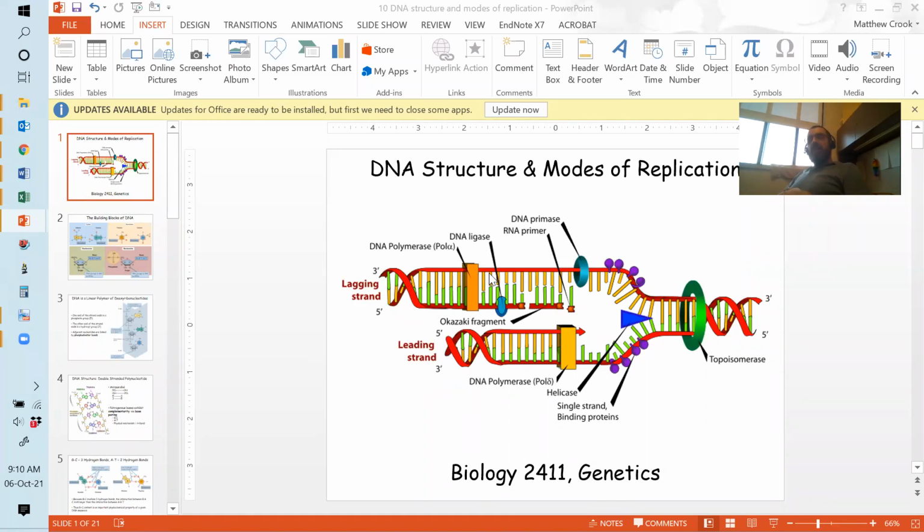Now, obviously, it would be easiest to just paint it continually. Just get your pot of paint, keep painting, walking in the same direction as you want to paint. Now, if you were doing this walking backwards, essentially, you'd walk back into what you have already done. And so that's what happens with the synthesis of the lagging strand.